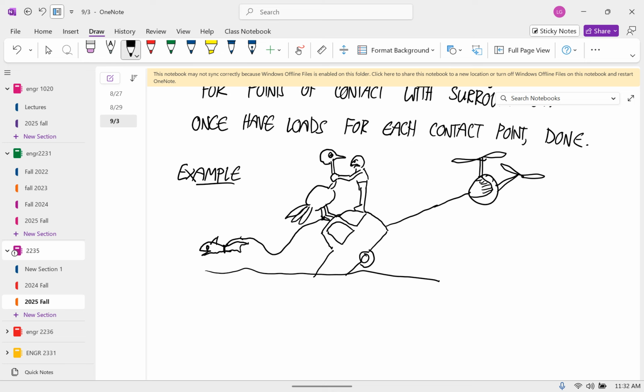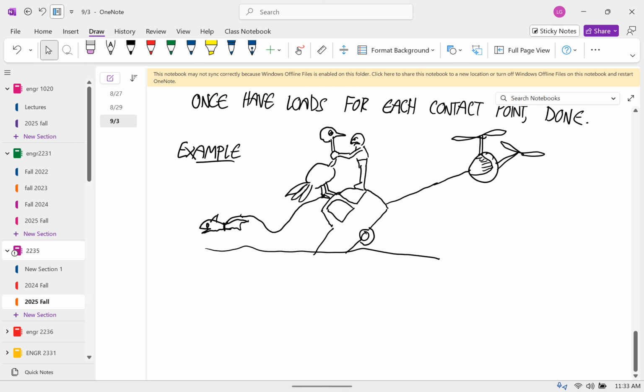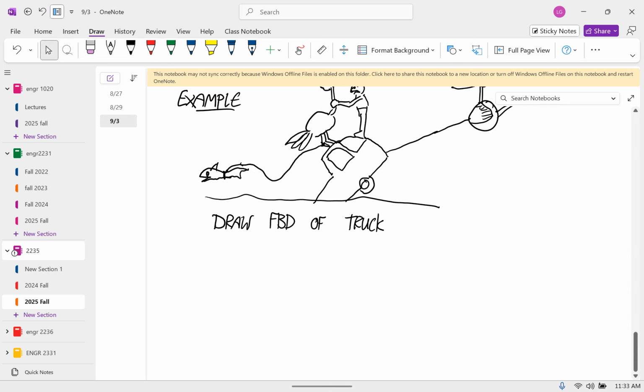And we're assigned to do a calculation that deals with like the forces applied to this truck. Okay. So we want to draw a free body diagram of the truck. We might be interested in what's happening to the fish, but we're paid to deal with the truck in this case. So that's what we're doing.